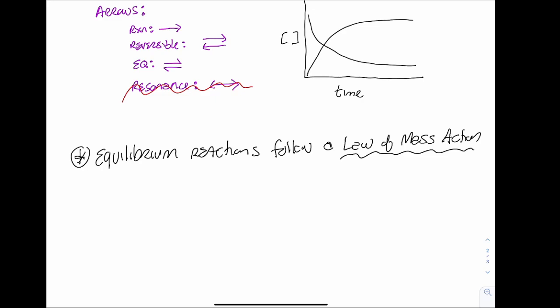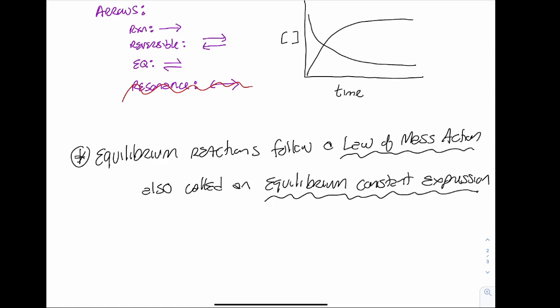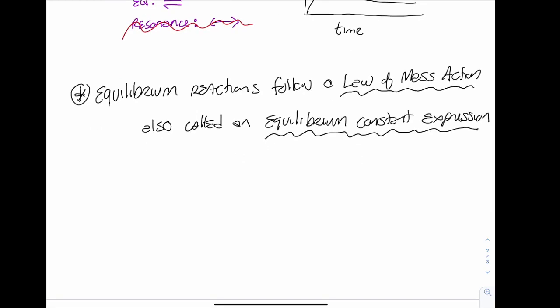So our law of mass action is also called, and this is what I use more often, an equilibrium constant expression. Sometimes just shortened to equilibrium expression. So that's really what you're looking for. So either equilibrium constant expression or equilibrium expression. And I'll show you what that is here in a minute. Also called the law of mass action. I don't use that one so much, every once in a while, but this is really what we're looking for.